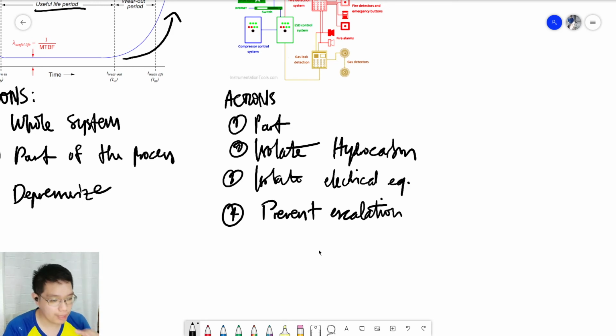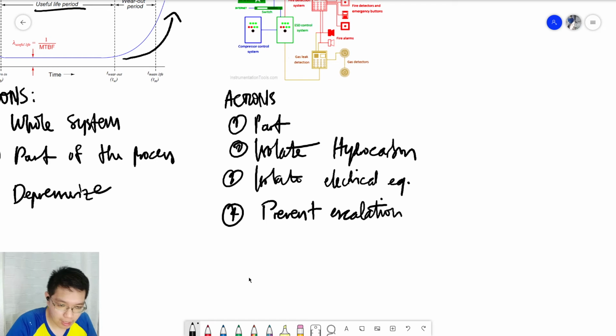To minimize the damage, we must prevent the escalation of the problem itself. Back to our fire example, we have to do what we can to prevent the fire from growing and becoming worse.